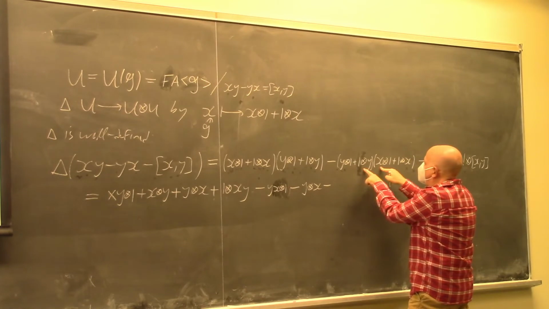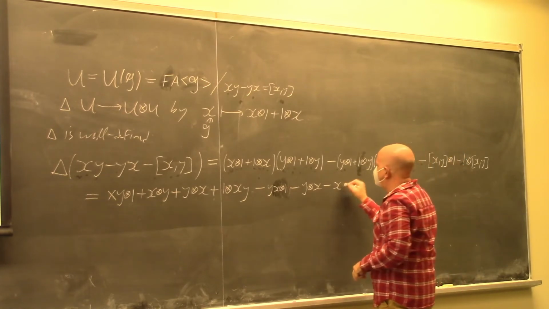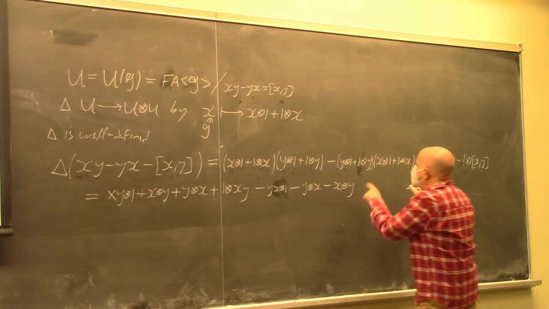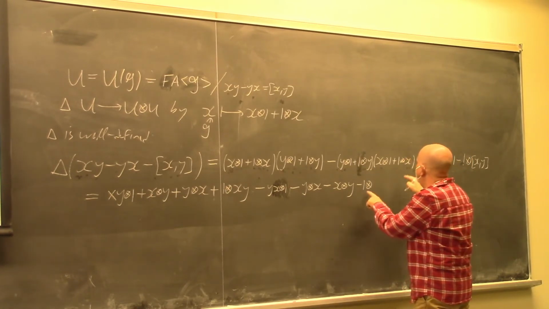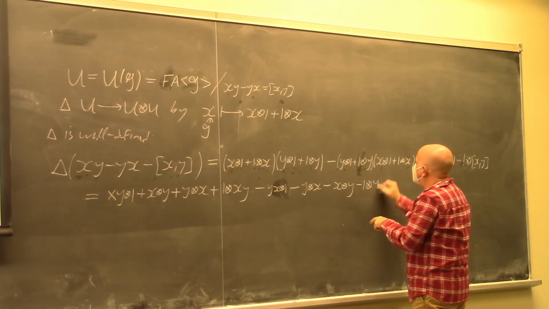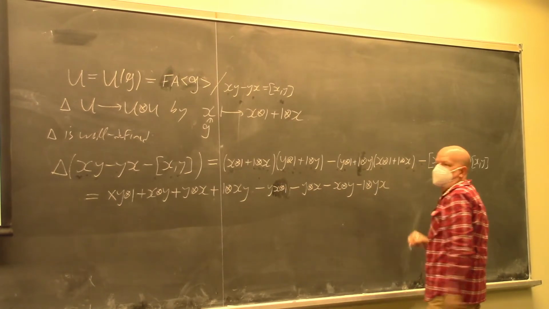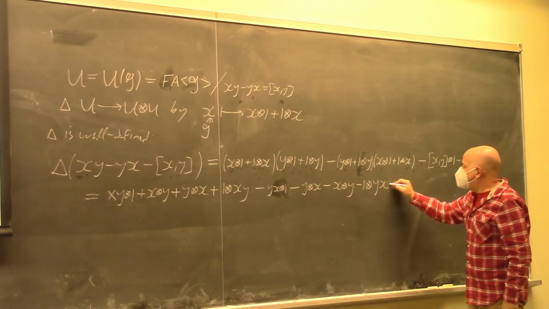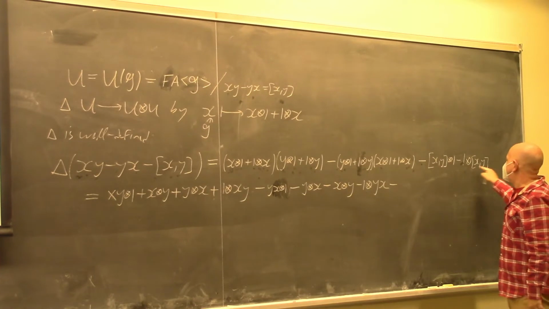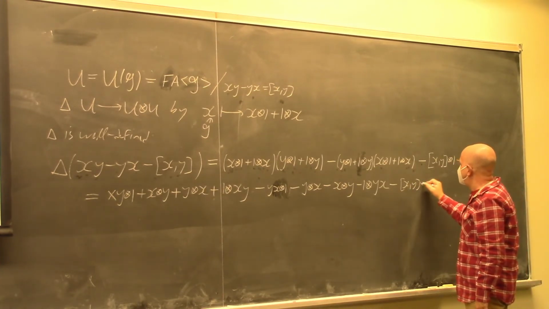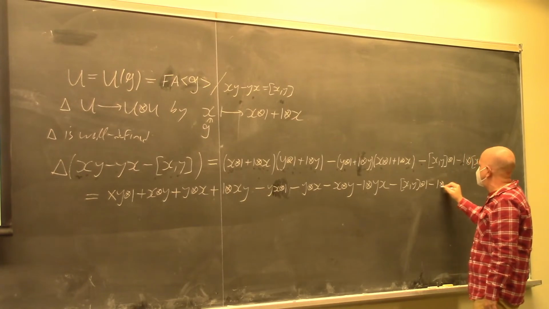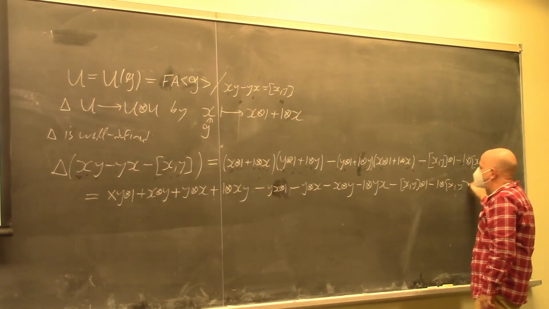This and that is x tensor y. And this and that is 1 tensor yx. And from this I'm subtracting this: xy tensor 1 minus 1 tensor xy.